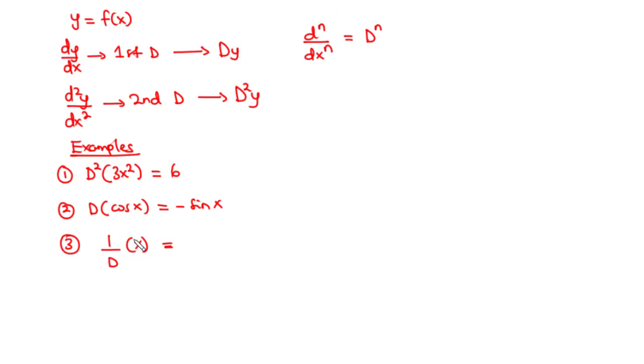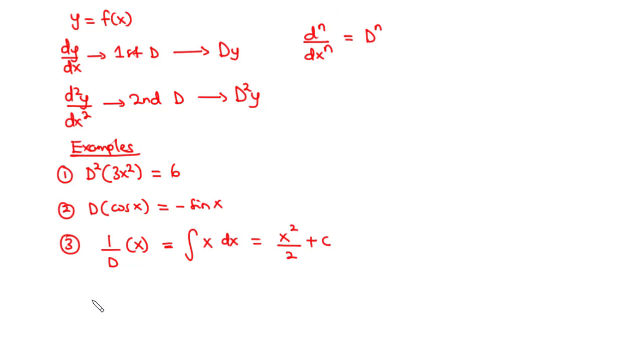So you want to integrate this function, so you have the integral of x dx, and that is equal to, you increase the exponent by 1, and then you divide by the new exponent, plus c, which is the constant of integration. So here the power is 1, so you increase by 1, so that becomes 2, and then you divide by 2. So basically this is how the D operator works.